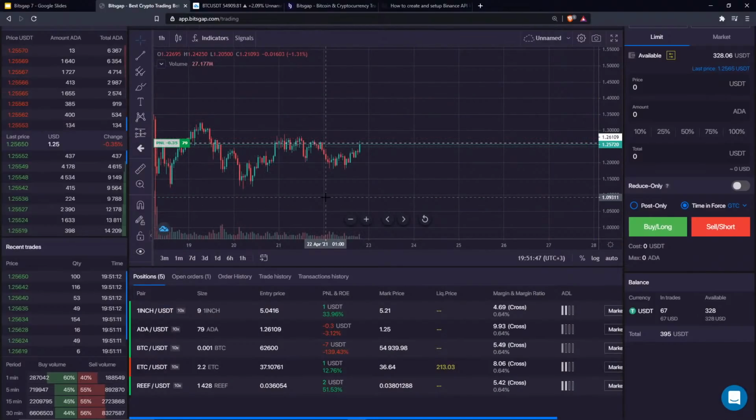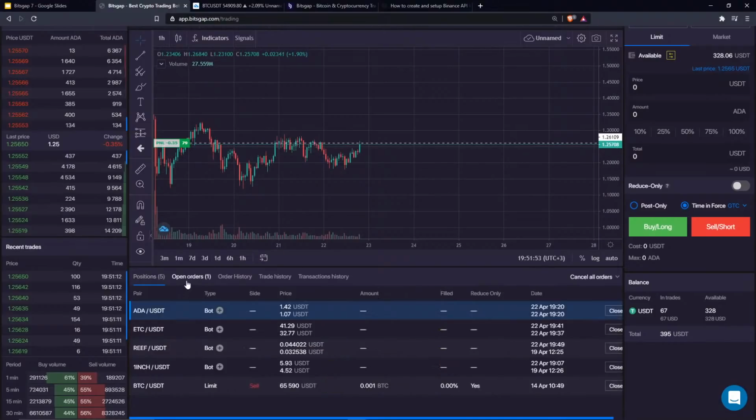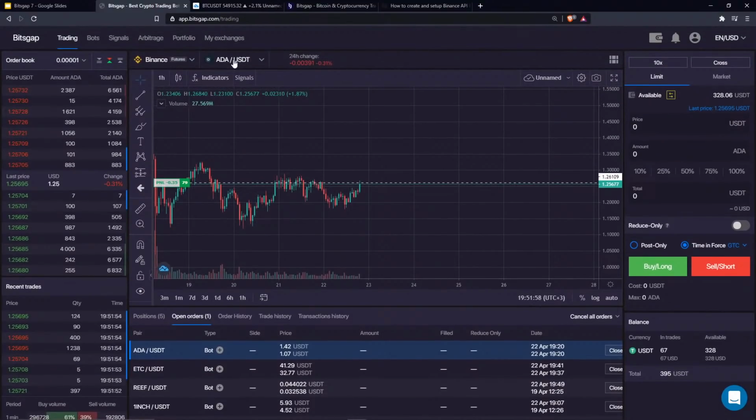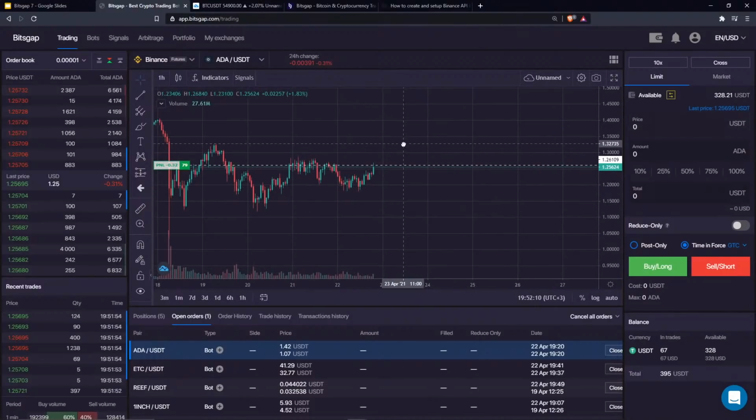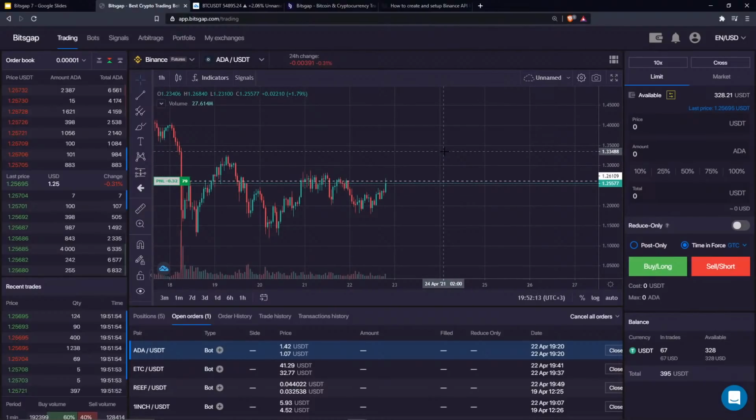And by the way, the biggest recommendation is if you have an active combo bot, let's say the one I have on Cardano, don't trade manually on this cryptocurrency pair. Don't add more risk by manually opening the short sell position over here, because this will create a conflict between the bot and your manual trade.